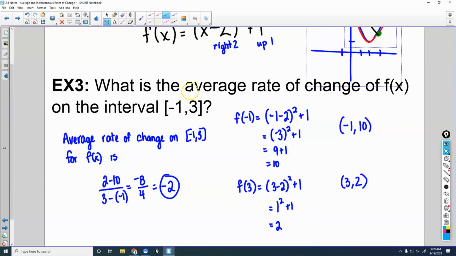So when you see average rate of change of a function, you should be thinking slope between the endpoints.